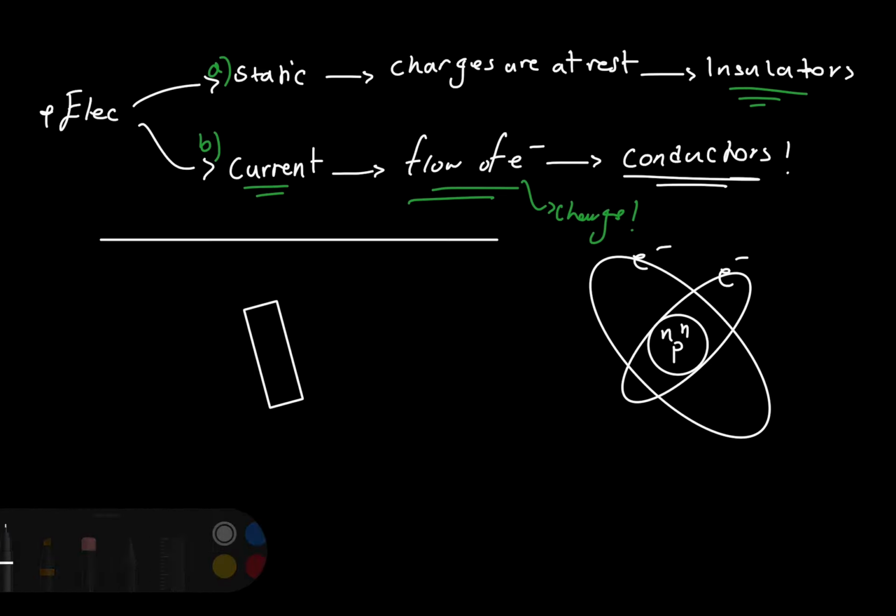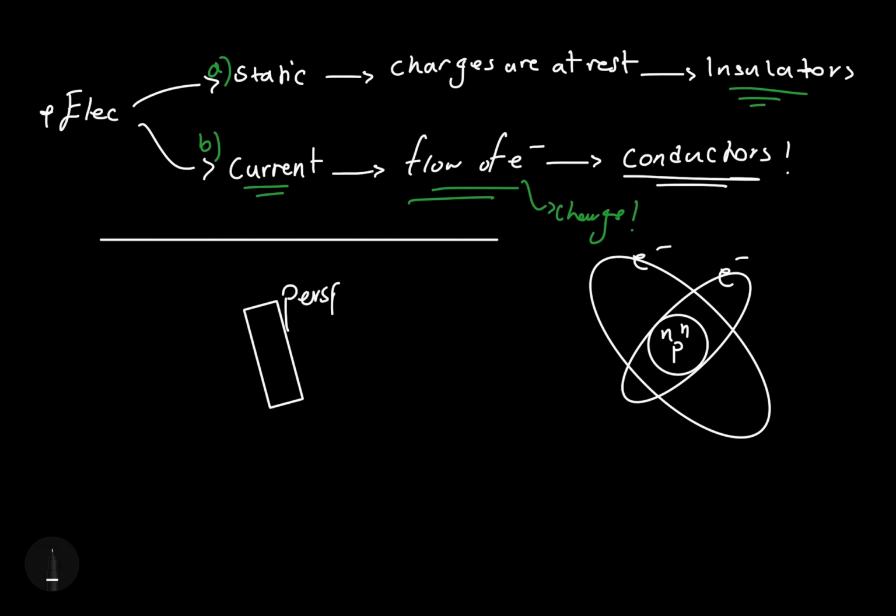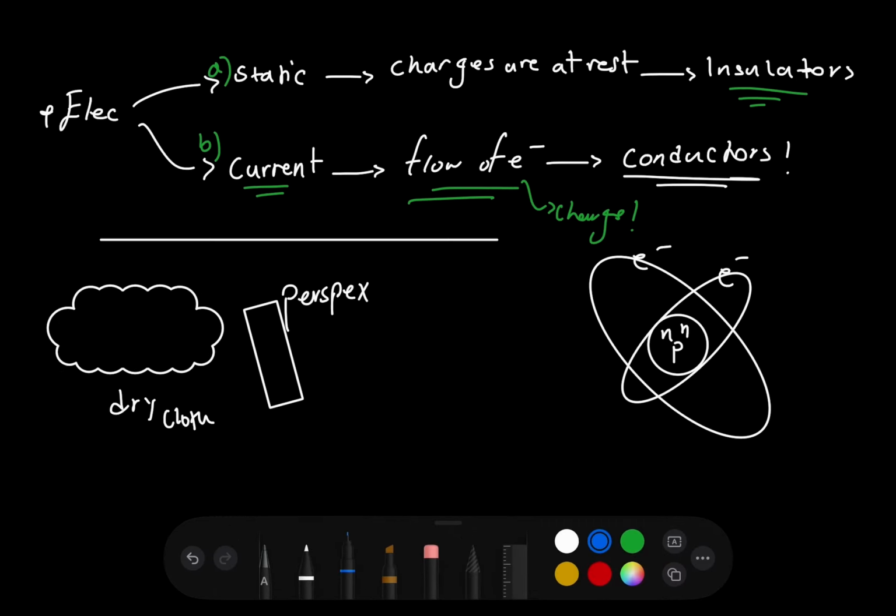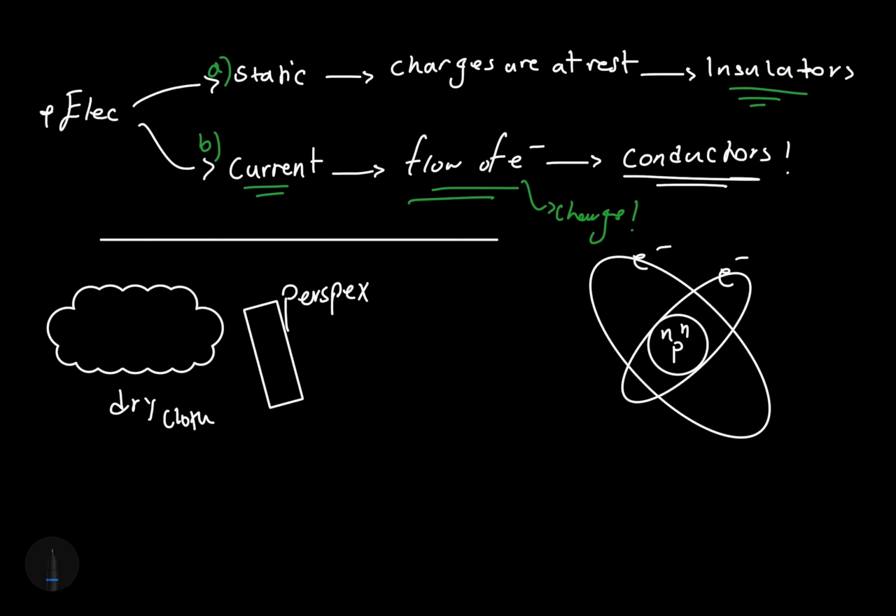Now, let's say we have a perspex rod, and this specific material is rubbed with a piece of dry cloth. So here we have a piece of dry cloth. As the cloth is rubbed on the perspex rod, it gains negative charges. Basically, the electrons of the perspex are transferred to the dry cloth.